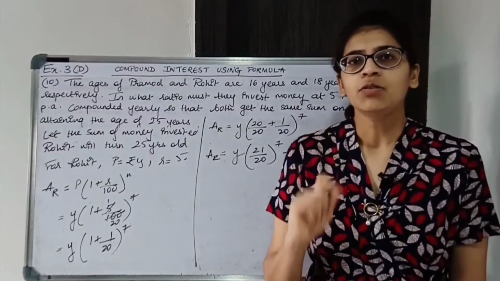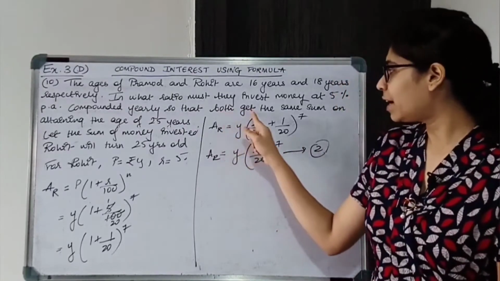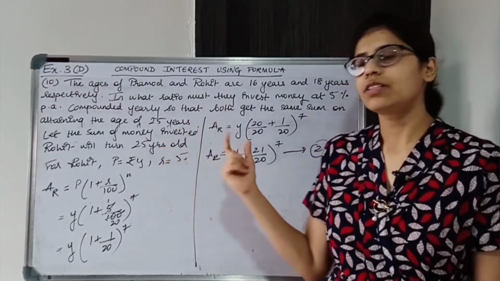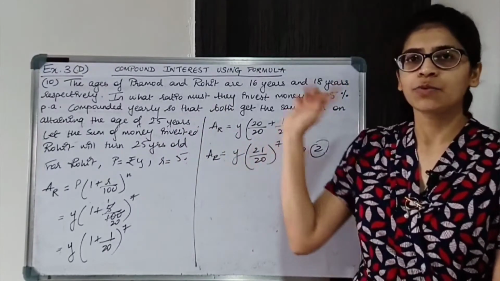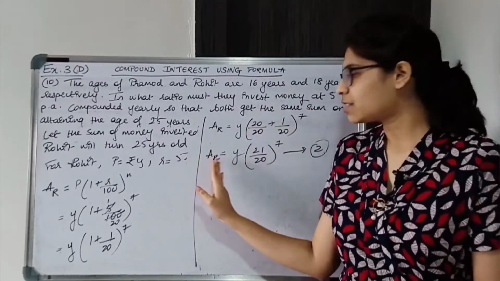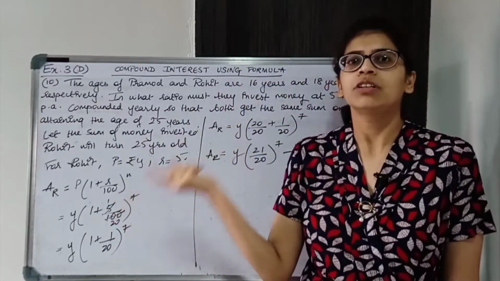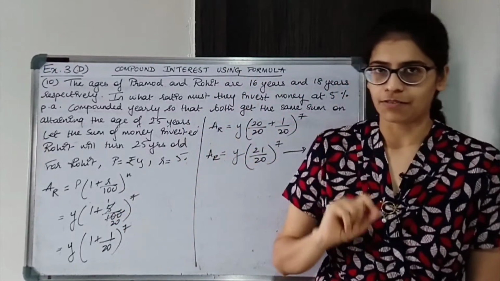Now we know that both get the same sum on attaining the age of 25 years. So this is the sum received by Rohit when he turns 25. Okay, AR is the sum received by Rohit. AP is the sum received by Pramod when he turns 25.